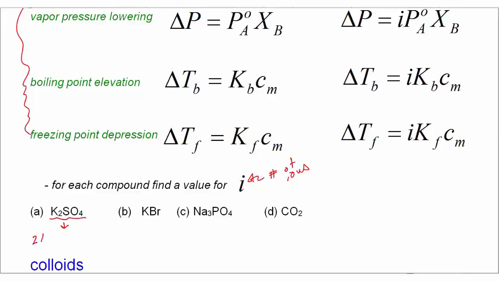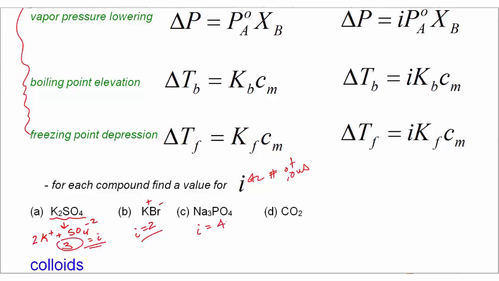Well, it would break up into 2 potassium ions and a sulfate anion. That's 3 ions total. So i would be 3. Potassium bromide, i would be 2, because I have a potassium ion and a bromide anion. How about sodium phosphate? i would be what? 3 sodium ions and a phosphate?